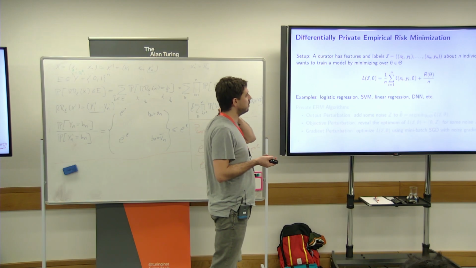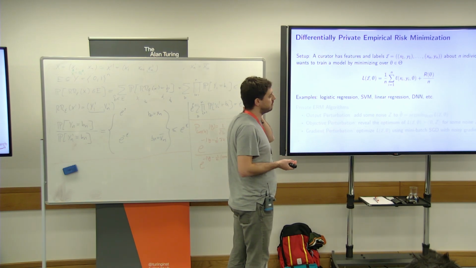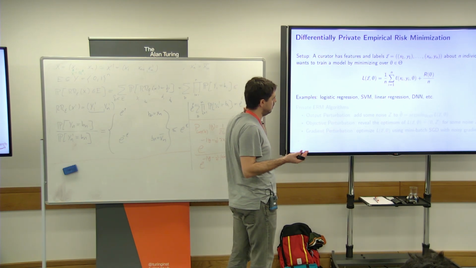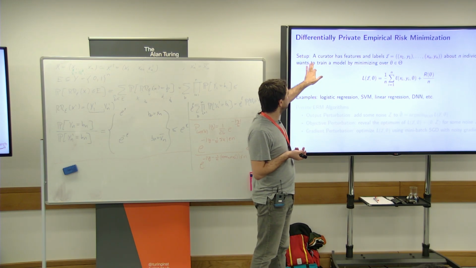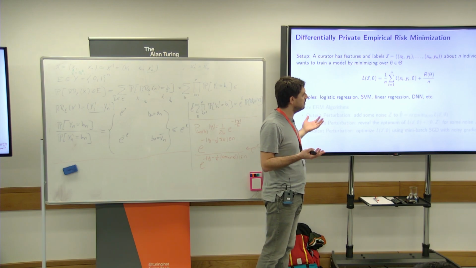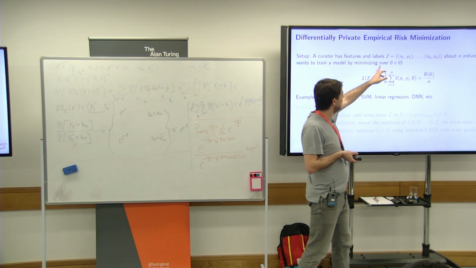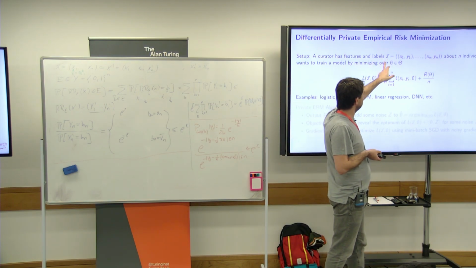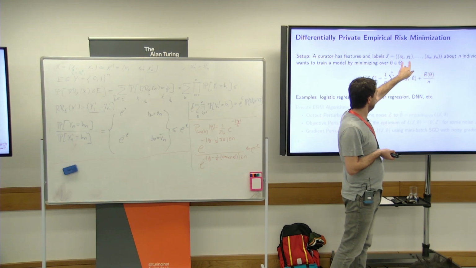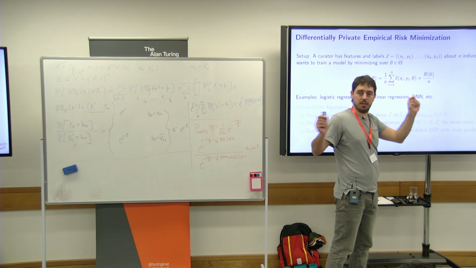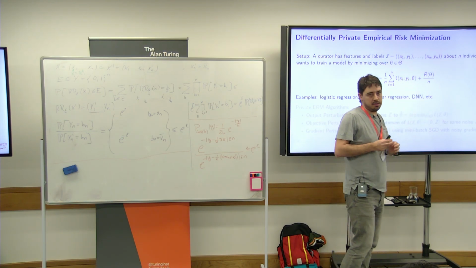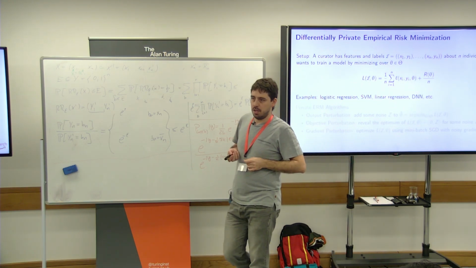I'm assuming not everybody is familiar with machine learning or empirical risk minimization. So just to recall, in this setup, we have a curator again that has data. This data, I call it Z now, is a list of pairs. For each individual, we have an X, which is a list of features, and a Y that is a label that we would like to predict.